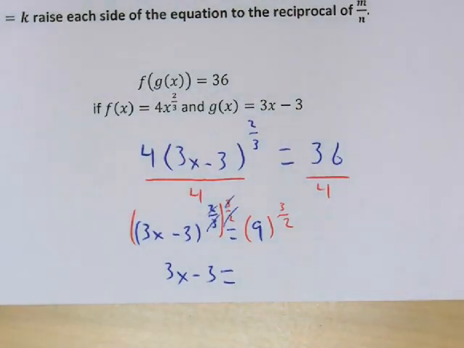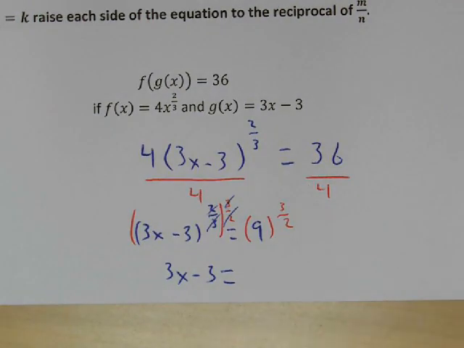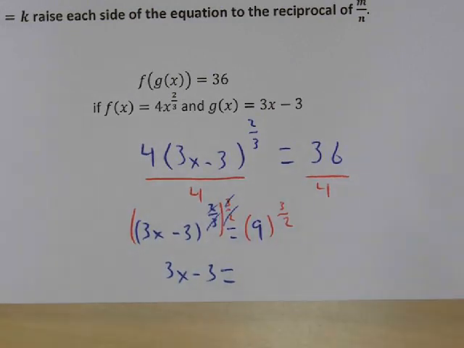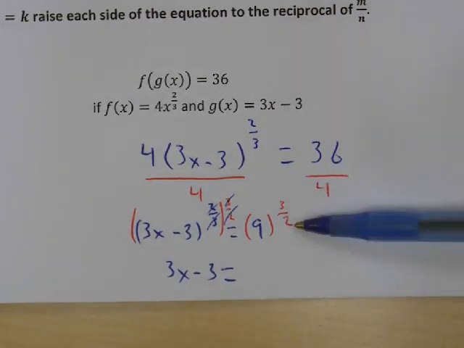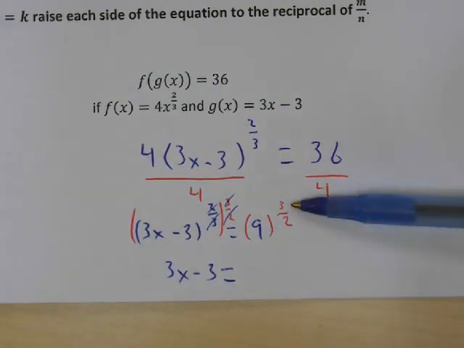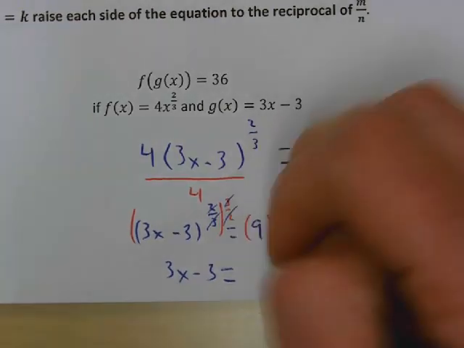Now, keep in mind, and hopefully you've noticed already, but the nice thing about these problems is they're usually making it work out so that these numbers work out to be whole numbers when you simplify them. Okay, so remember, the 3/2 power means they want to raise it to the 3rd power and take the 2nd root. Doesn't matter which one you do first, so do the root first. It's going to keep your numbers smaller. What's the 2nd root? The square root of 9, 3, raised to the 3rd power, we get 27.